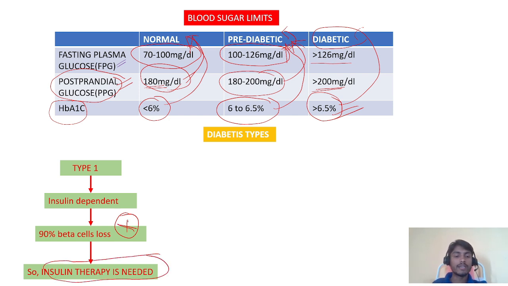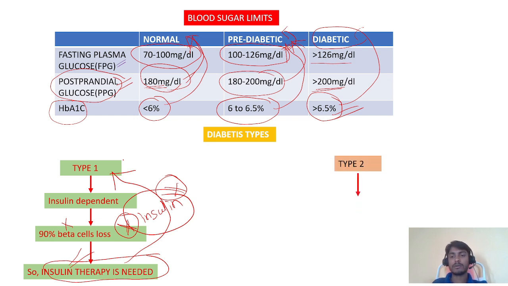See, beta cells are lost, meaning 90% of beta cells are damaged. If beta cells are damaged, there is no synthesis of insulin. So what we need to give is only insulin therapy in case of type 1 diabetes.